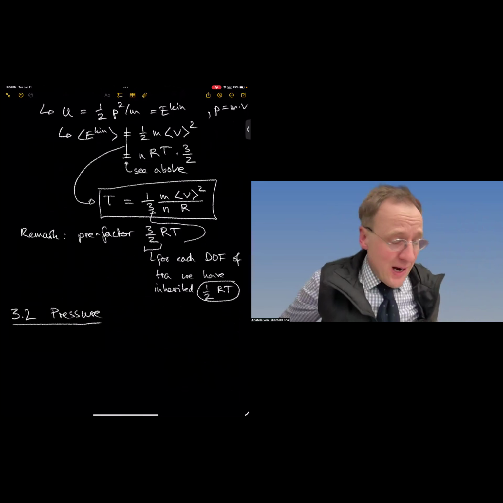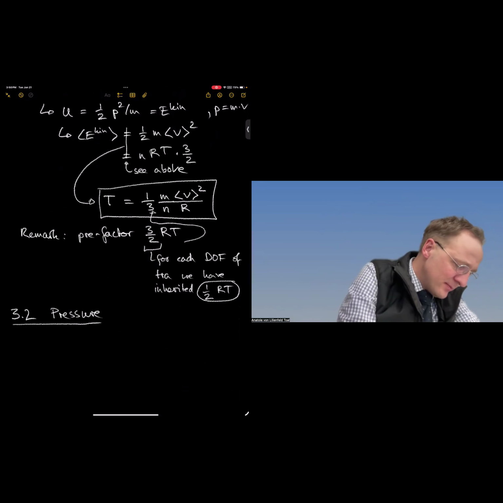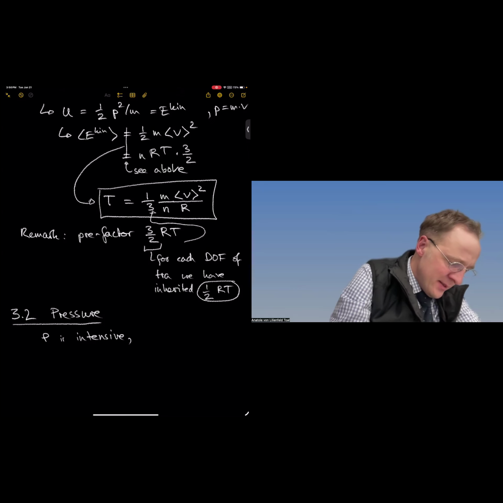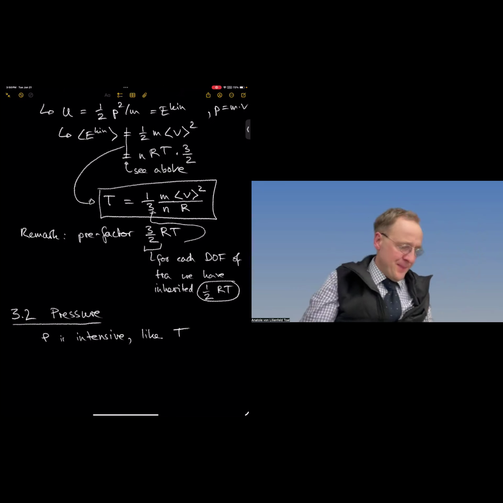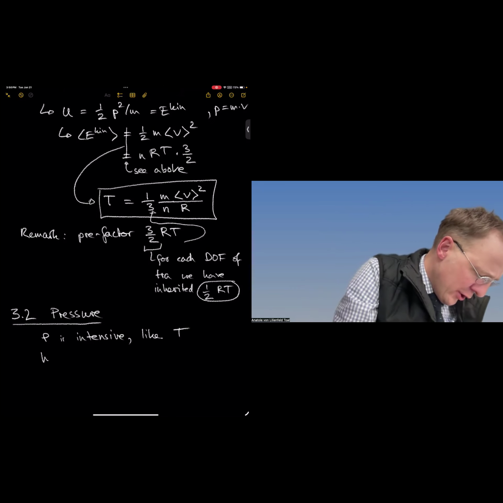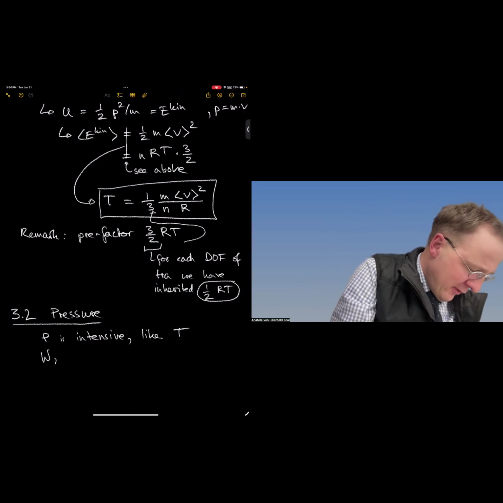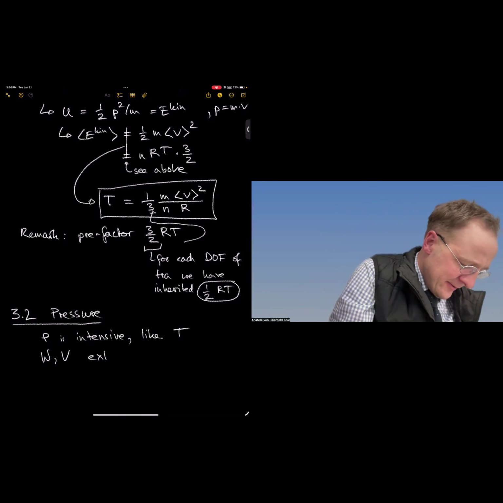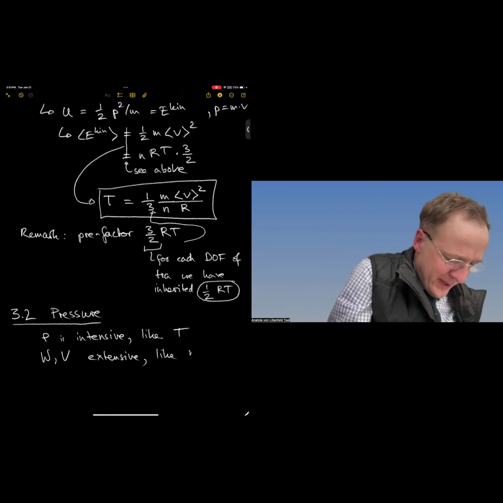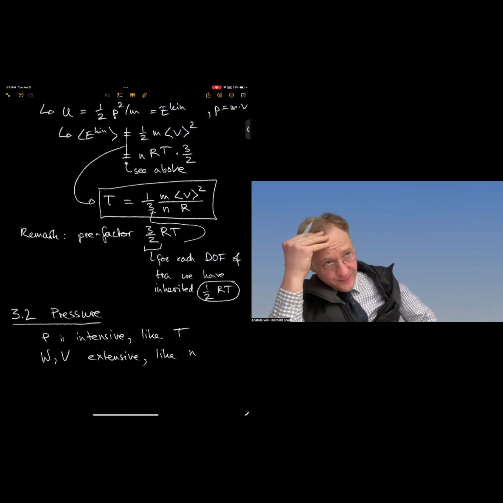Now, some general remarks. Pressure is intensive, like temperature, right? Work and volume are extensive, like particle number, n.